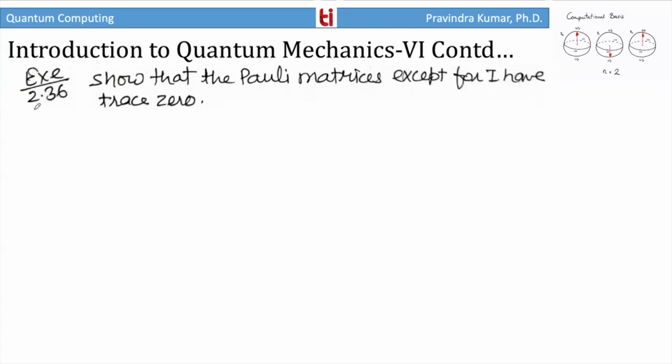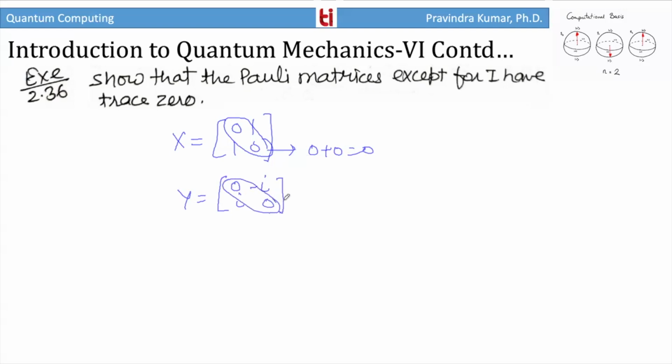Another example 2.36, that the Pauli matrices except for the identity matrix have trace 0. You know Pauli matrix X has elements 0, 1, 1, 0. Here we can see the diagonal elements are 0, 0. So the sum of the diagonal elements is 0. So it is traceless. Similarly, the Pauli Y matrix has the elements 0, minus i, i, 0.